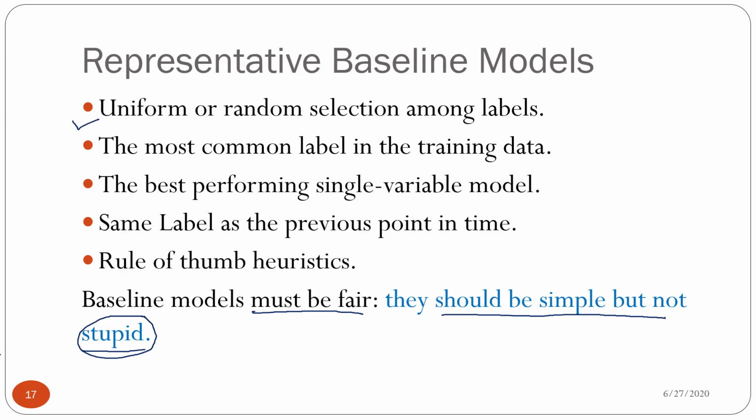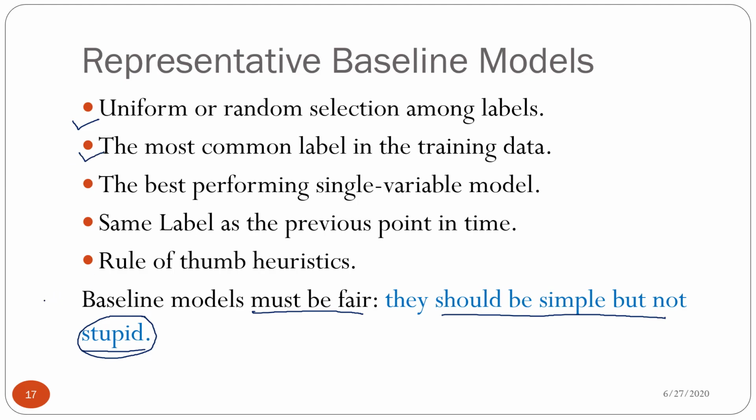It depends on the kind of application that you're working on. For stock prediction, whether it's going up or down, you may use a very simple baseline model which says yes, it's going up with 50% probability, or no, it's going down with 50% probability. That is easily simulated by tossing a coin. Now let's look at the second point.